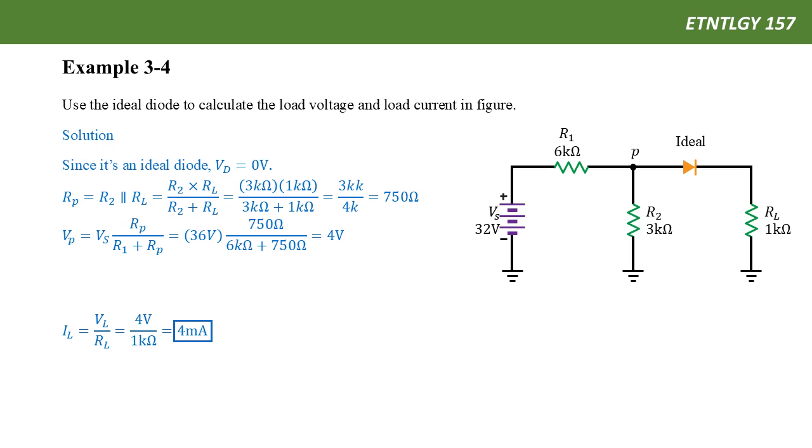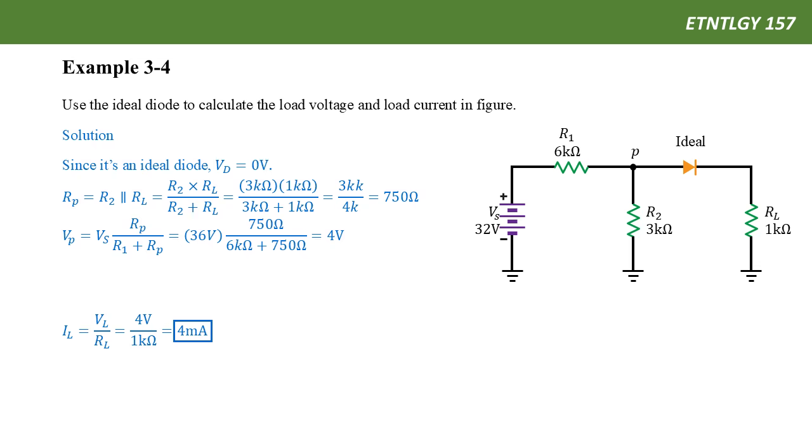And then we can see that R1 and the combined resistor are in series. To find the voltage across the combined parallel resistor portion, in other words, Vp, the voltage measured between point P and the ground, we can use the voltage divider.